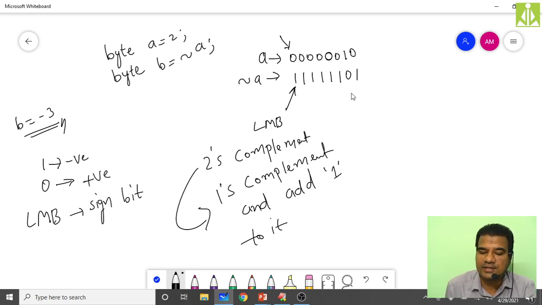That entire value as it is I am taking over here, that is 6 ones followed by 0 1. So this is my actual value. How can I perform 1's complement? It means invert all the bits one time. Inverting means wherever you have ones, put zeros, and wherever you have zeros, put ones.